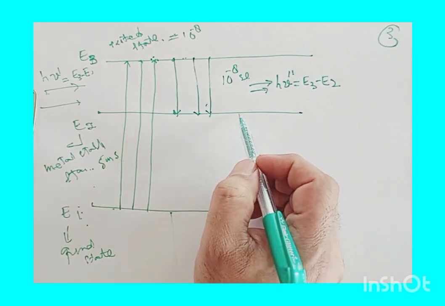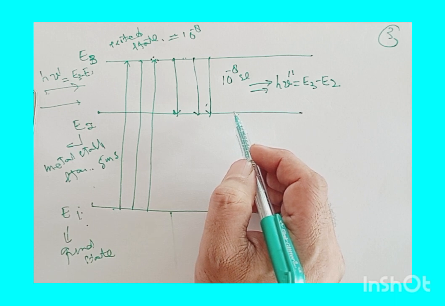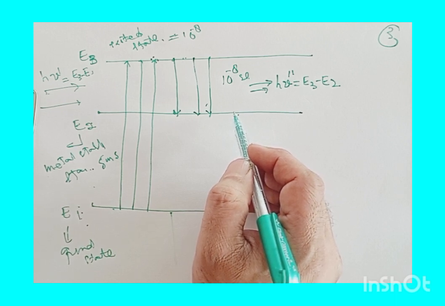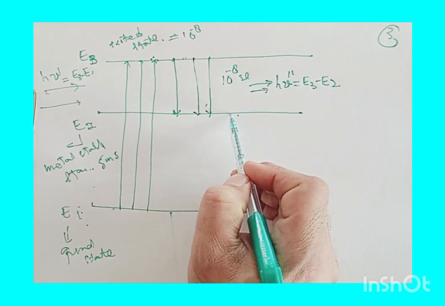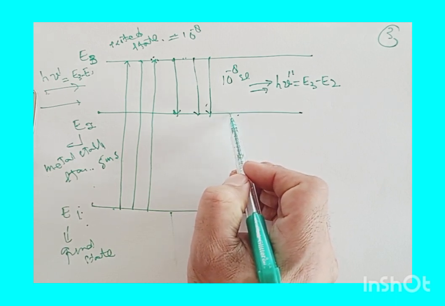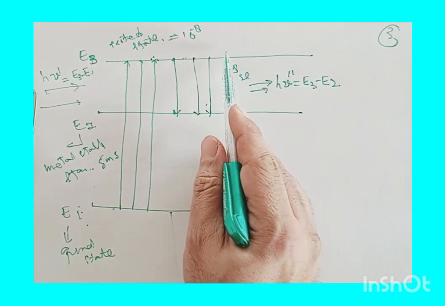Now, the atoms that we have in this metastable state, what's going to happen? These atoms in the metastable state E2 can reside for a longer period of time than in the excited state E3.